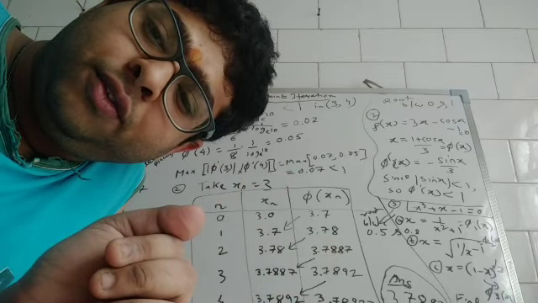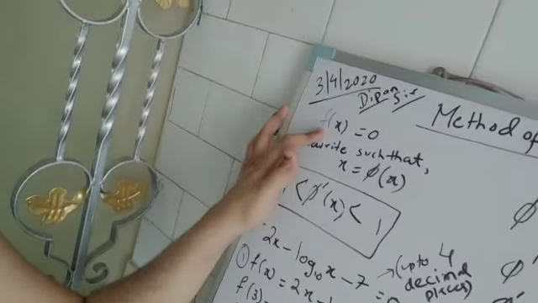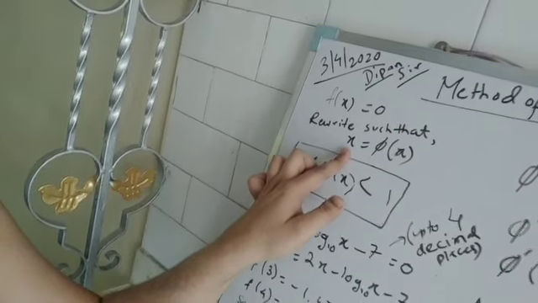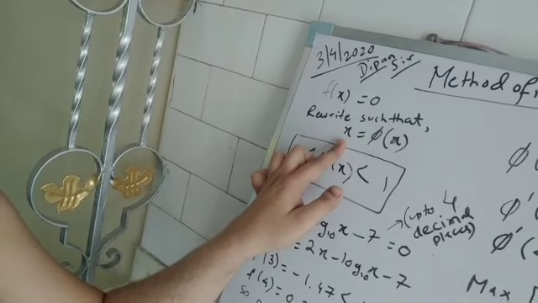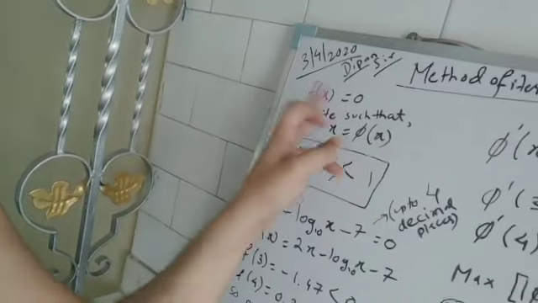So f(x) equal to 0 will be given in the question. You need to rewrite it such that x will be in the left hand side, and other terms will be in the right hand side, which I have written as a new function phi(x).